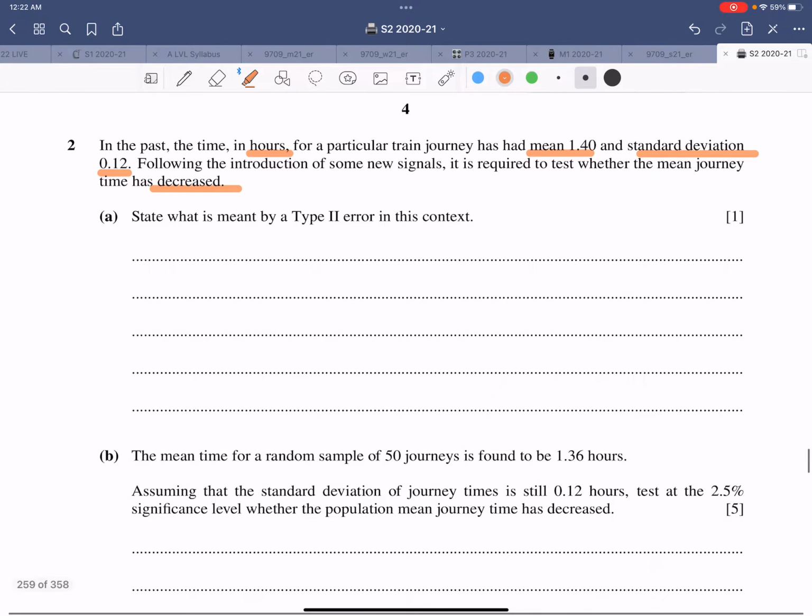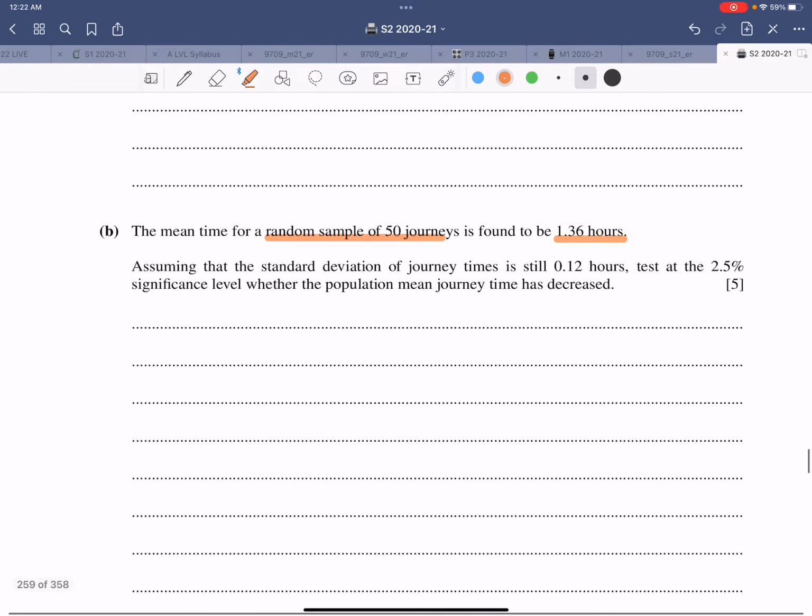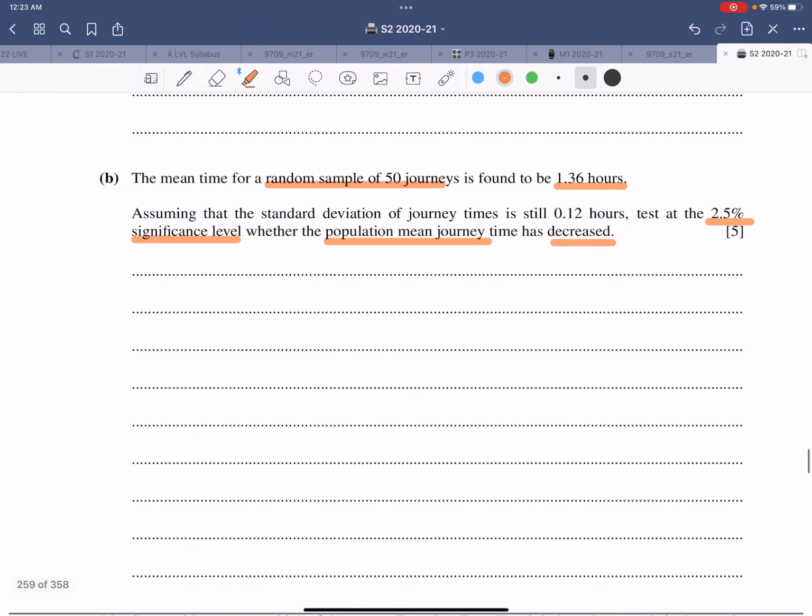First of all, what is meant by a type 2 error? Then the mean time for a random sample of 50 journeys is found to be 1.36. Assuming the standard deviation is still 0.12, test at the 2.5% significance level whether the population mean journey time has decreased. Let me do the calculation part first.